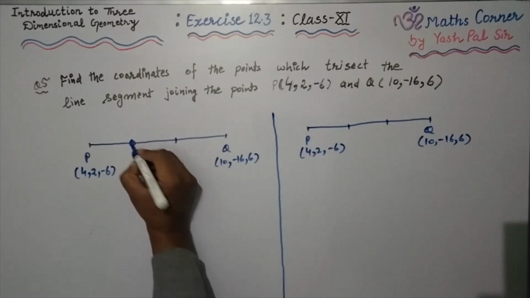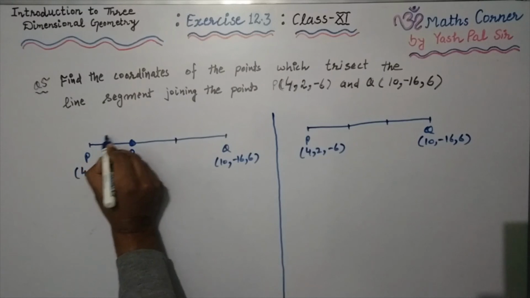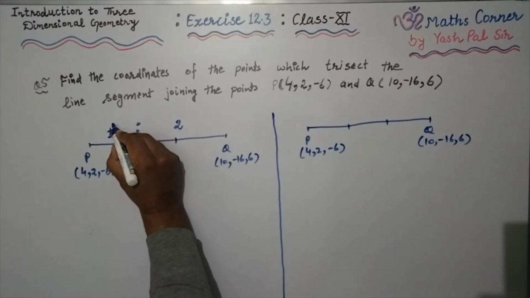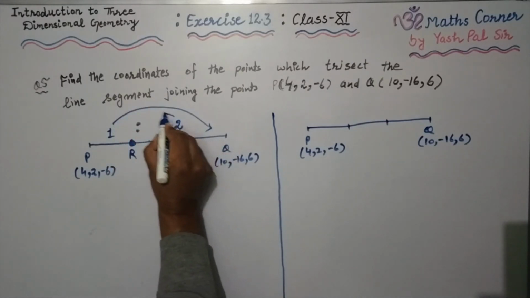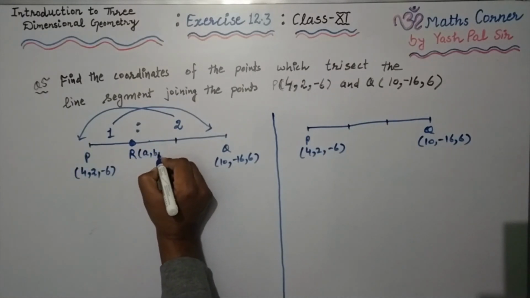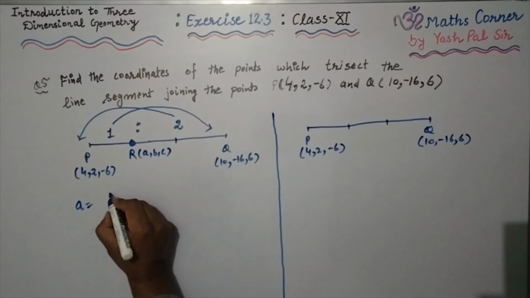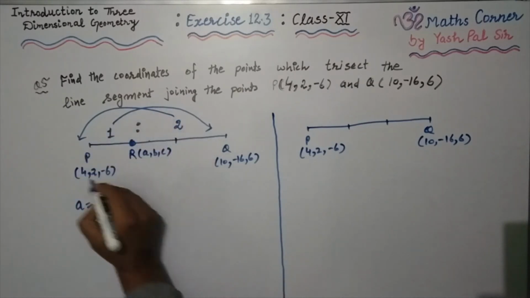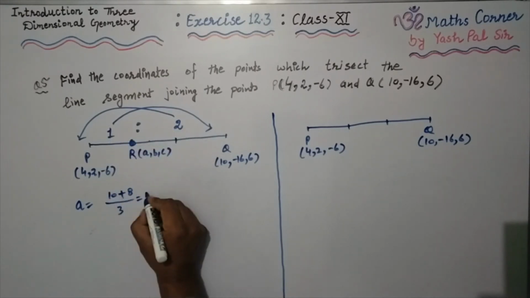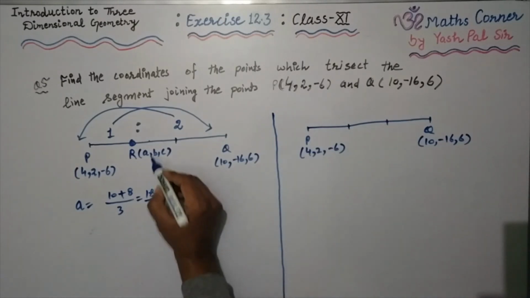How? First time, suppose this is the point R. Now what is the ratio? This part is 1 and here we have two parts, 1:2. So we write section formula we shall use here. Coordinates of R, they are suppose A, B, C. So what is A? A is equal to (1 into 10 plus 2 into 4) divide 1 plus 2, that is 18 divide 3 is equal to 6.